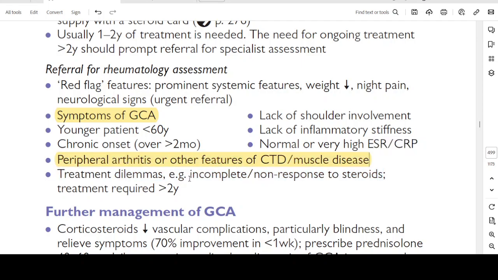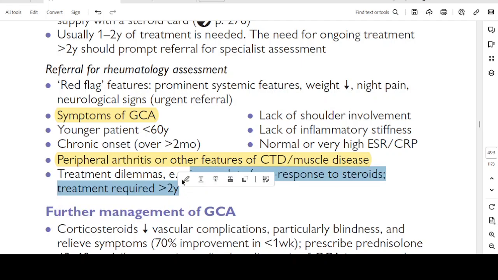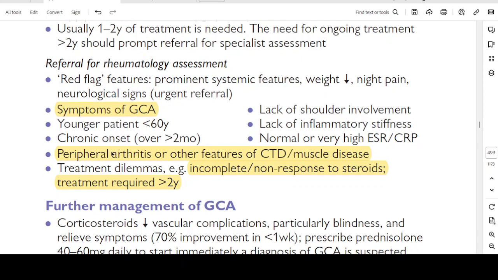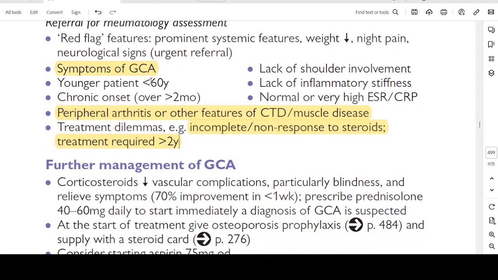Treatment dilemmas, for example incomplete or non-response to steroids, or treatment required for more than 2 years. These are the red flag signs and you need to refer them for rheumatology assessment.